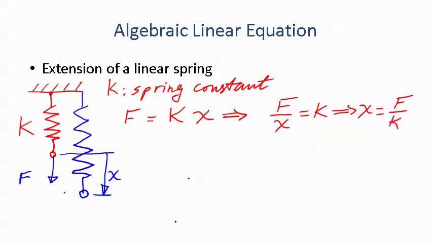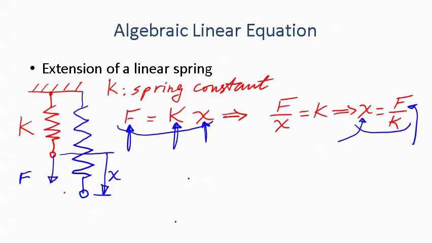Here, if we look at the first equation, we recognize that x is the independent parameter, k is the slope, and F is the dependent parameter. If we look at the last equation, we can recognize that F is the independent parameter, that's the amount of force that we put. 1 over k, not just k, but 1 over k is the slope, and x is the dependent parameter, the amount of elongation.